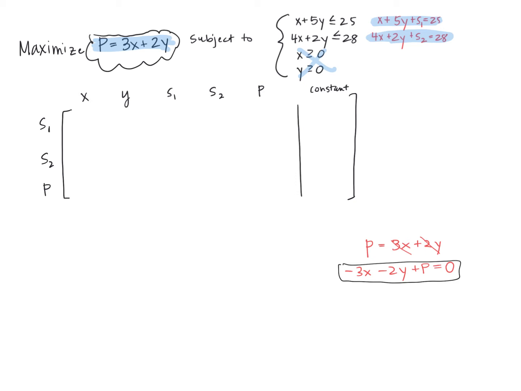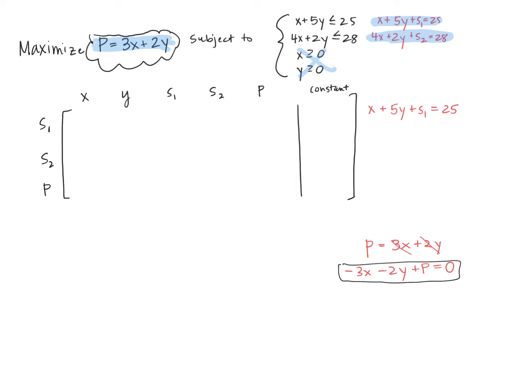Okay, so now I just need to fill everything in. So my first row is going to be made up of the equation from the first inequality. Let me just write it next to it. So x plus 5y plus s1 is equal to 25. So let's look and see what I have.